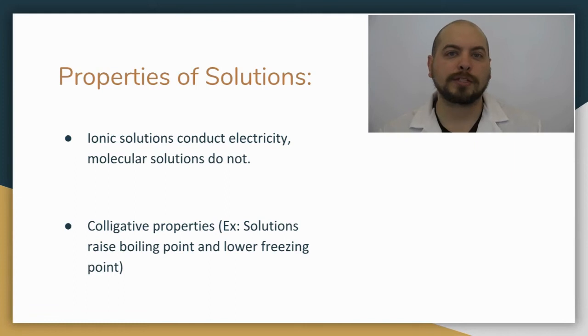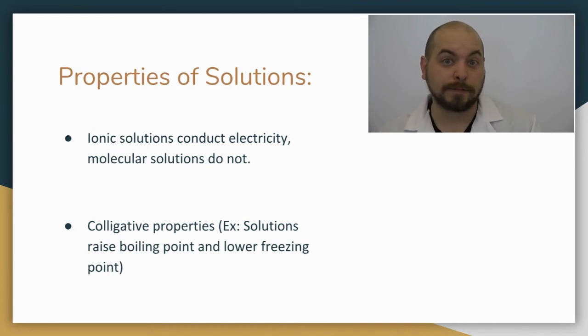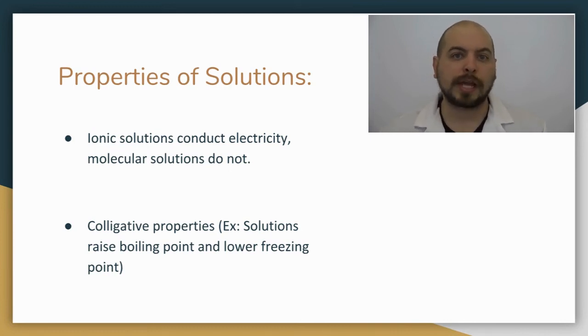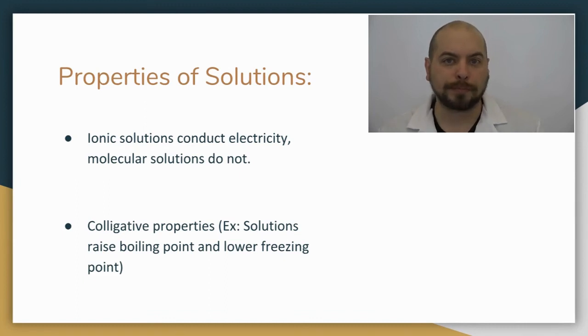In addition, we have things called colligative properties. Colligative properties are properties that change relative to the amount of stuff in a solution. What I mean by this is that if I have more stuff in a solution, the properties of that solution will be different than if I have less stuff in that solution. A good example of a colligative property is both boiling point and melting or freezing point.